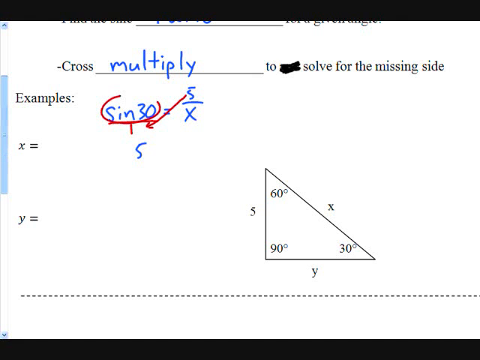The sine of 30 times x equals x times the sine of 30 degrees. And now to solve for x, I have to undo multiplication. I'm going to divide each side by the sine of 30 degrees. So now I've got x equals 5 divided by the sine of 30 degrees, and this is a job for my calculator.